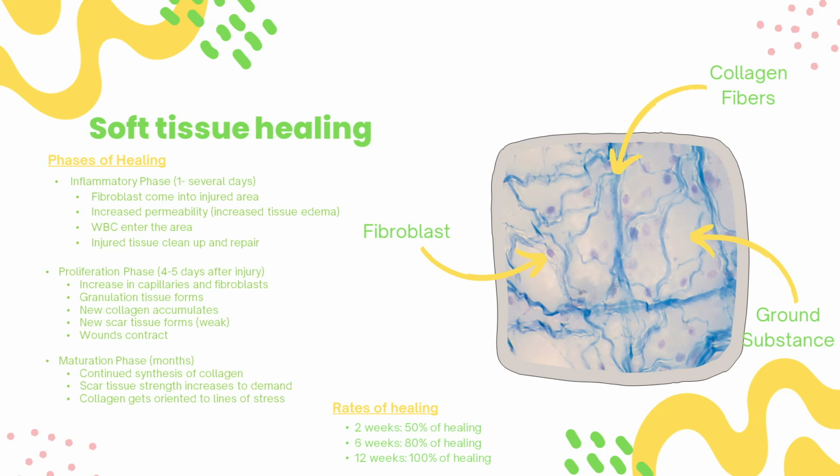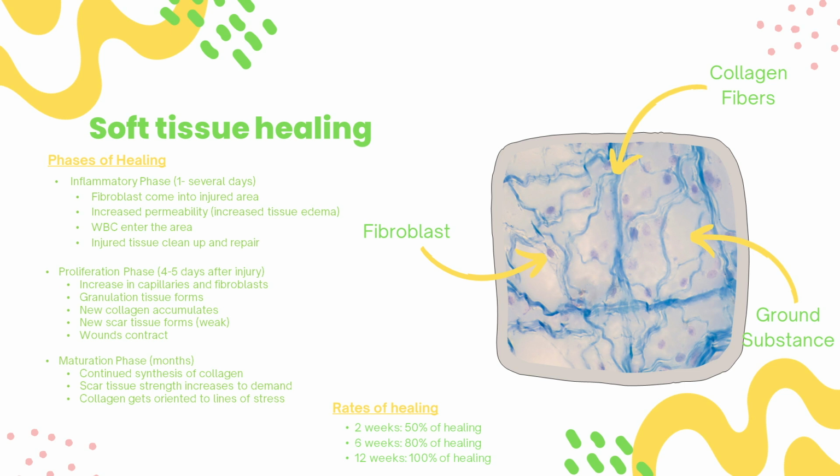We're going to go ahead and talk about the phases of healing when it comes to connective tissue proper and soft tissues themselves. Now, we're going to negate bone from this and tendon from the soft tissue healing, because those are a little bit more in depth in their healing, and it takes a little bit more time for tendons and bones to go through their metabolic processes.